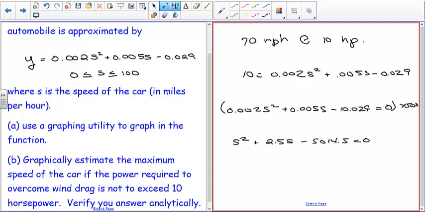The reason I did that is because we're going to have to use the quadratic formula.